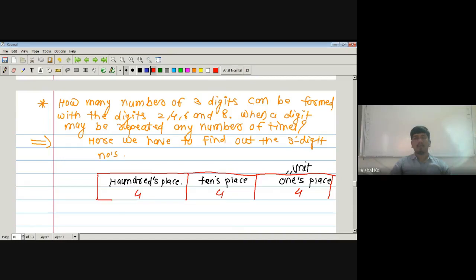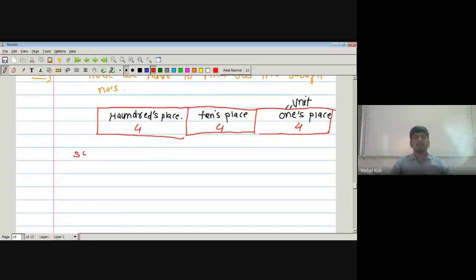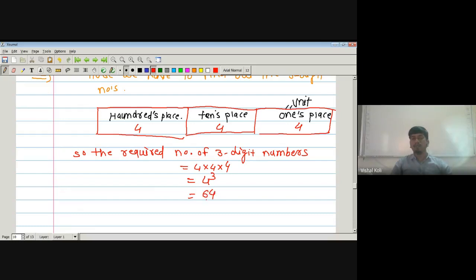Okay, now the required number of 3-digit numbers is 4 into 4 into 4, that is 4 to the power 3, which is nothing but 4 into 4 is 16, 16 into 4 is equal to 64.